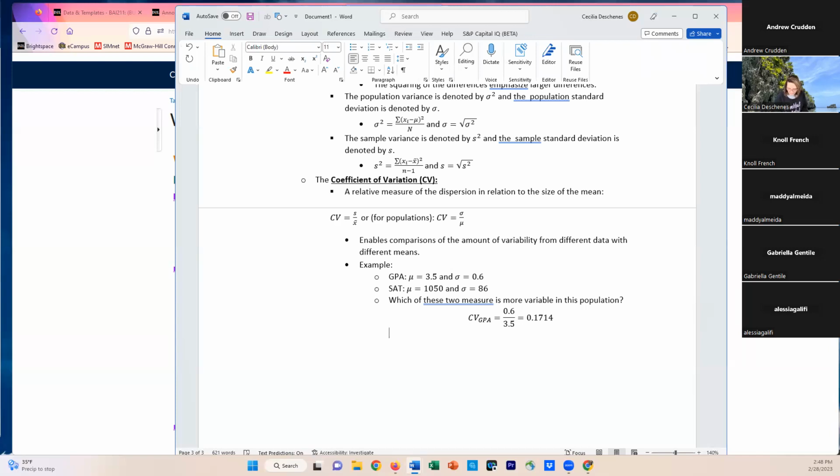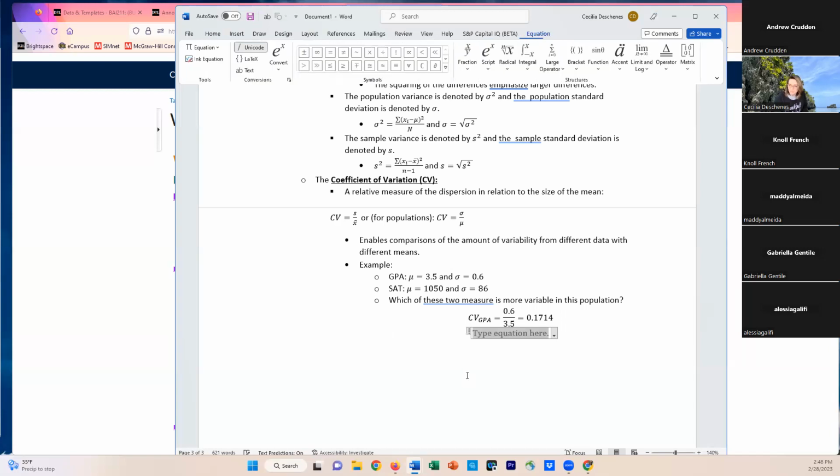So that's saying that the standard deviation in this population represents like 17% of the mean. And then what we want to do is compare that with the SAT measure.